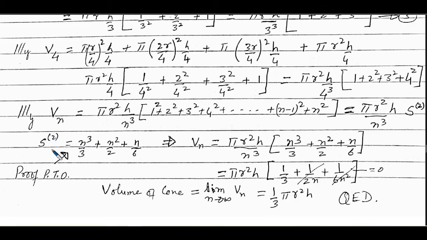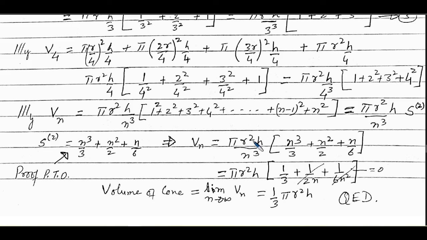For a given n, this series will be written as n cube by 3, plus n square by 2, plus n by 6. So this is the formula for this series. n can be anything. Suppose n equals 10, I put here 10 and I will get the sum of all this up to 10. Suppose n is 100, I put here 100. So this is what it means. This is a formula for a given series.